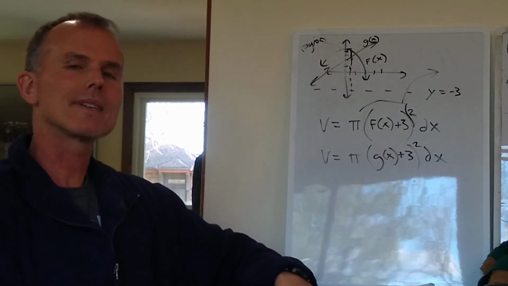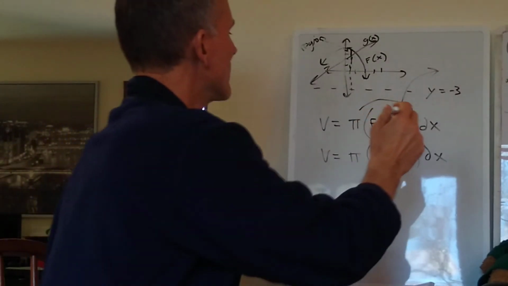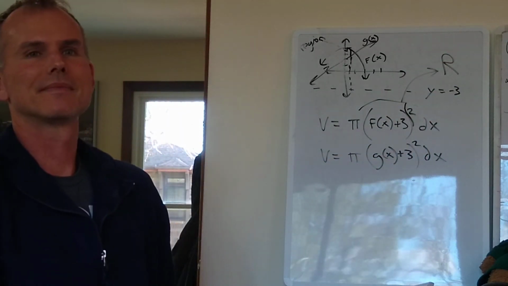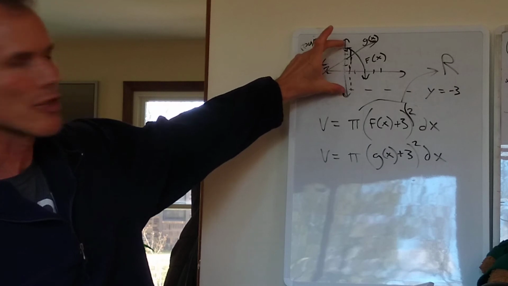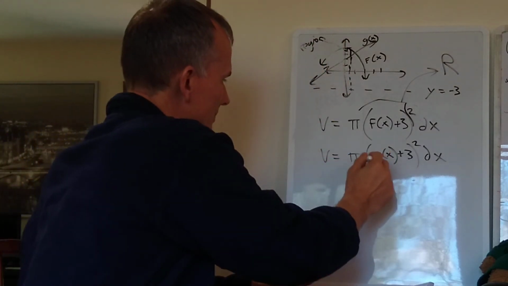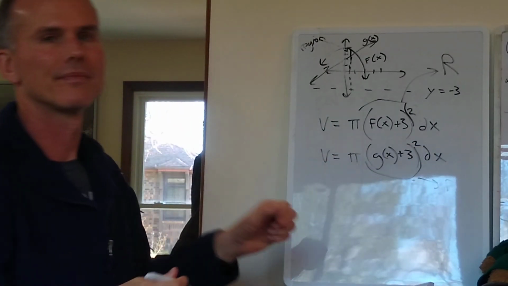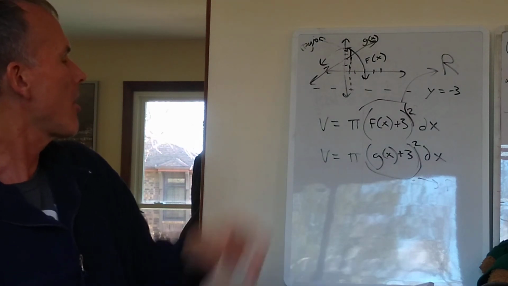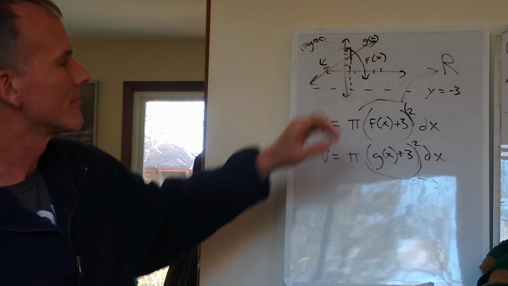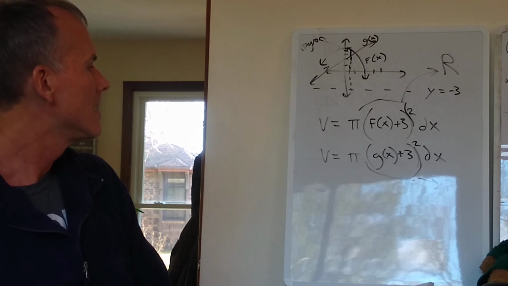That f of x plus 3, we call that in math big R. That's the larger radius of the washer. This right here, we call that little r. That's the smaller radius of the washer. Okay. Now, that'll clean up the notation just a little bit.